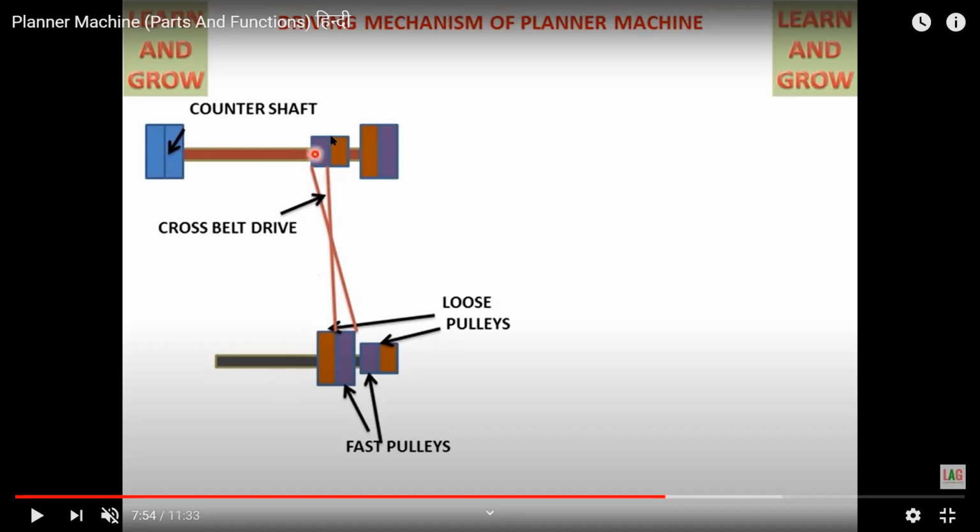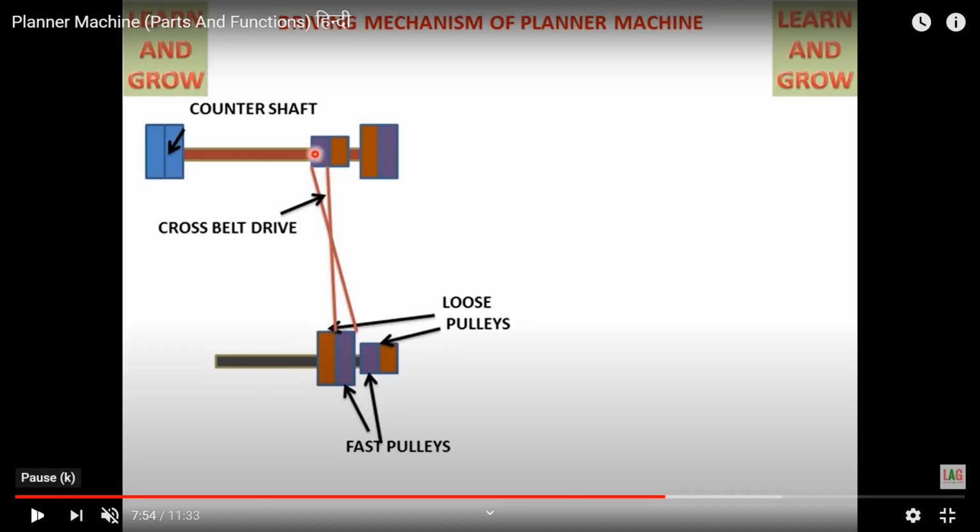Because if I am rotating the smaller pulley in the clockwise direction, the larger pulley will rotate in the anti-clockwise direction. So that is the significance of this cross belt drive. When these pulleys are rotating in one direction, the pulleys attached to the other end of the cross belt are rotating in the other direction.